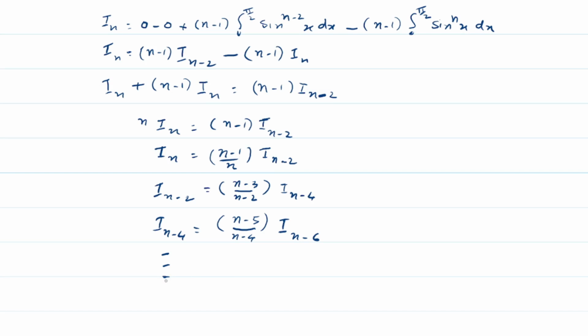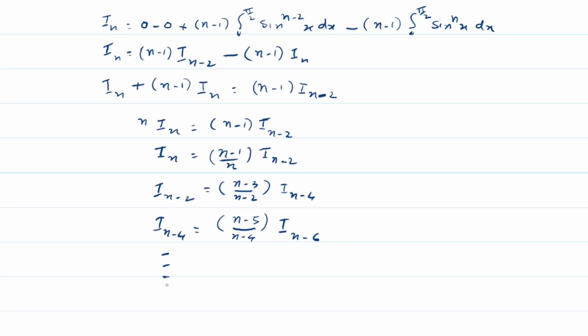Here, going like this, we will come to the formula. If n is odd, for example 3, so what will be I_3 equal to, 2 by 3, I_1.